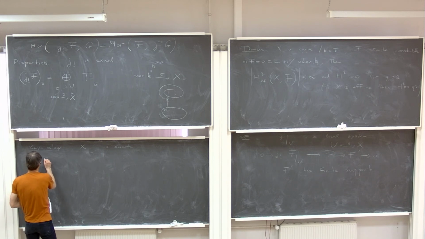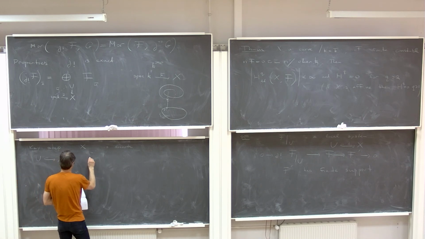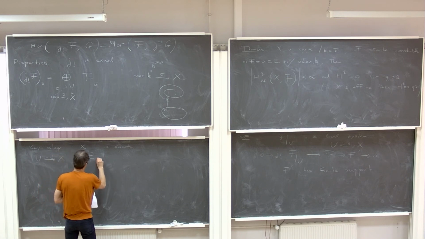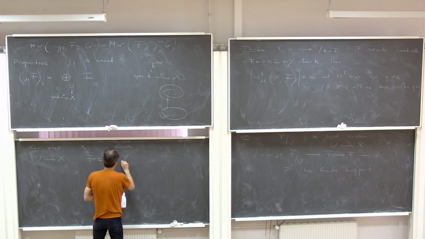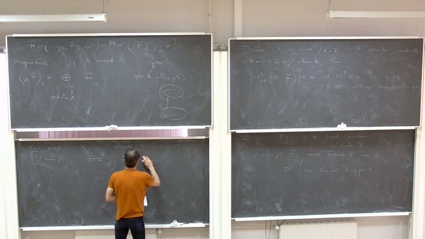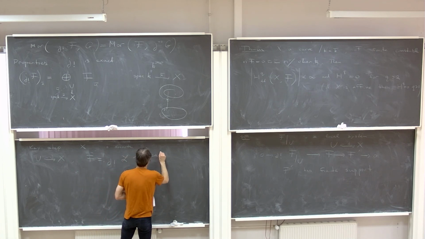And F is of the following form. You have an open U in X, with inclusion j, and F is j_! of a local system.